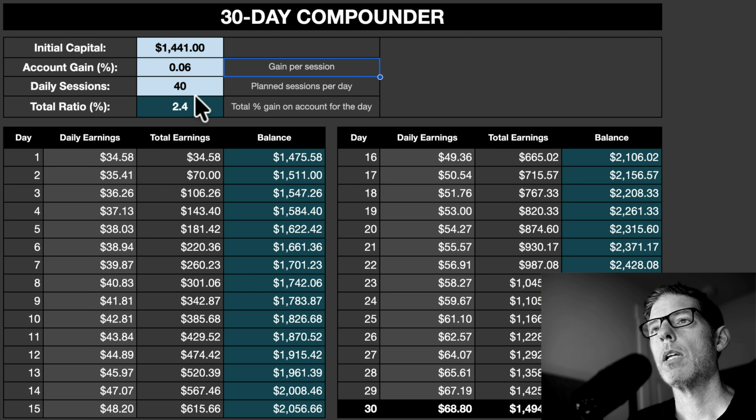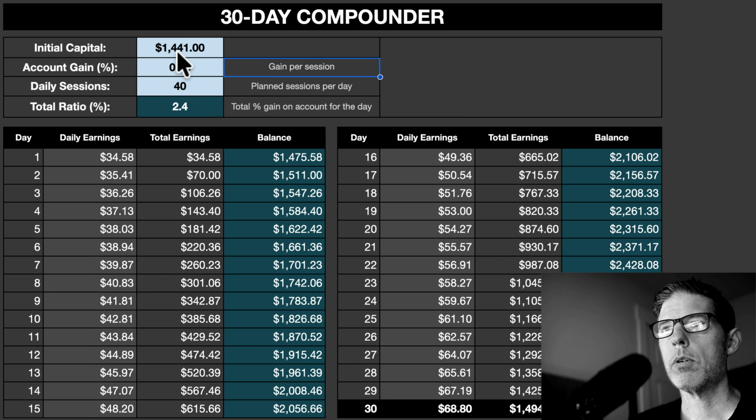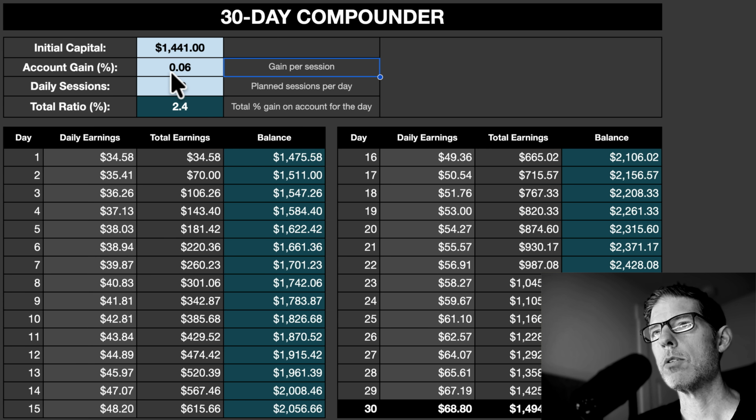And let's just take a look here. So we're starting with $1,441 with an account gain per session at 0.06. Total same daily sessions, 40 sessions planned for the day, with a total account gain for the day, 2.4.